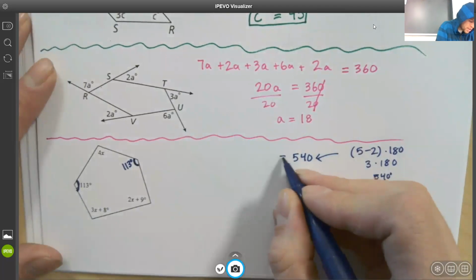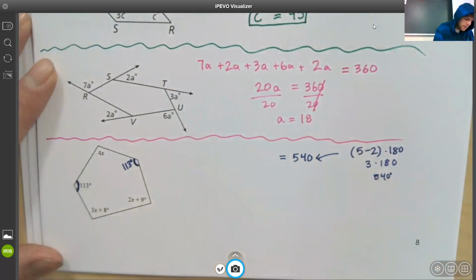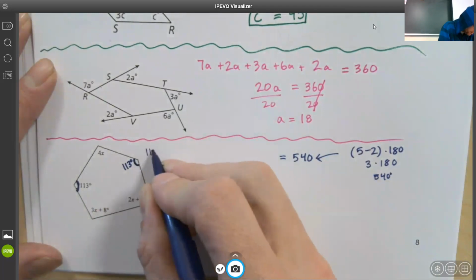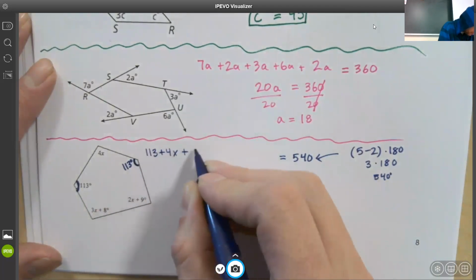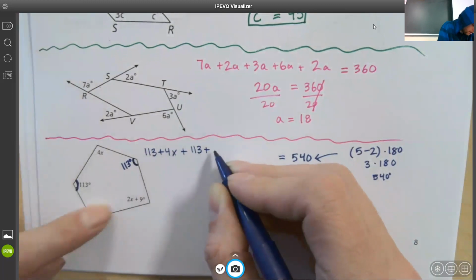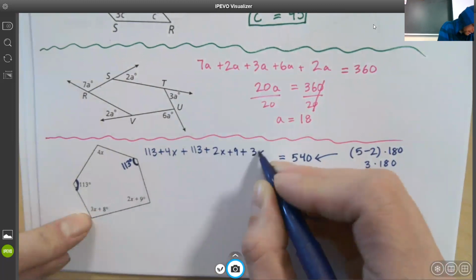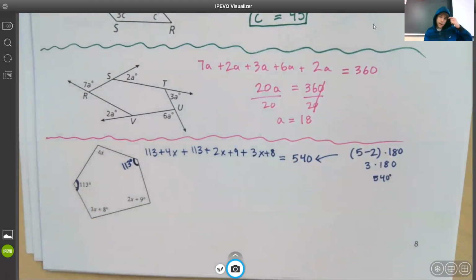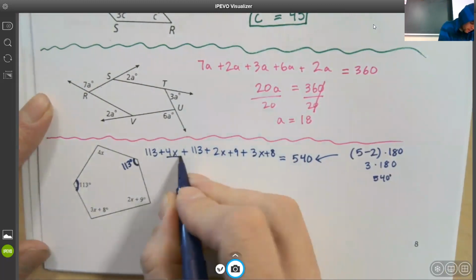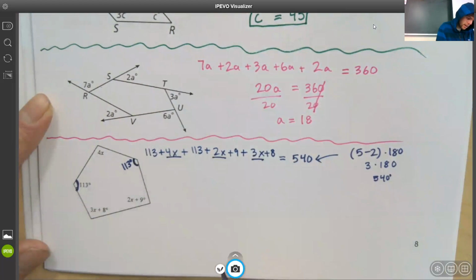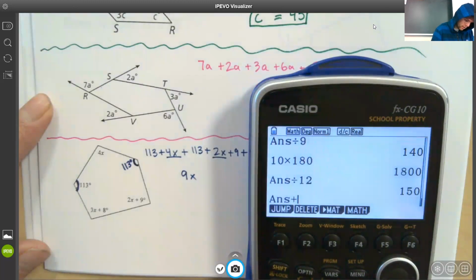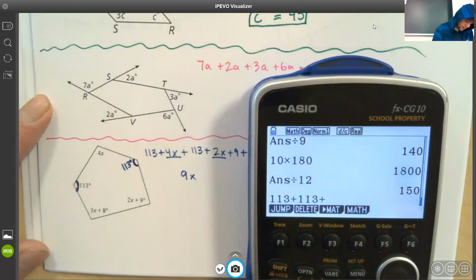Now, this is an equation. I need to add all of these angles up and set them equal to this. So I have 113 plus 4x plus 113 plus 2x plus 9 plus 3x plus 8. Almost ran out of space, but we're good. We're going to combine like terms. We have x's here. That's going to be 9x. And then I'm going to quickly add these other ones together: 113 plus 113 plus 9 plus 8.